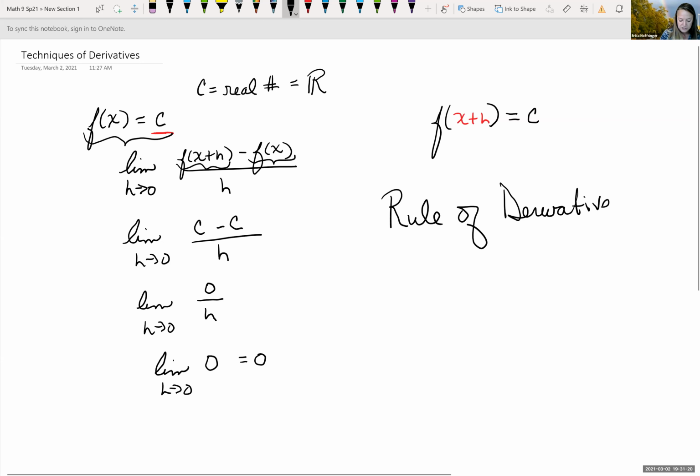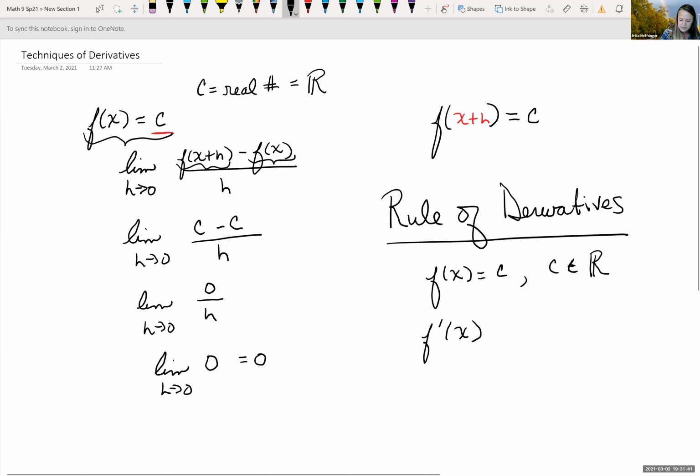If your function f of x is equal to some constant c, where c is contained in the set of real numbers, then the derivative, f prime of x, is equal to 0. So the derivative of a constant is 0.